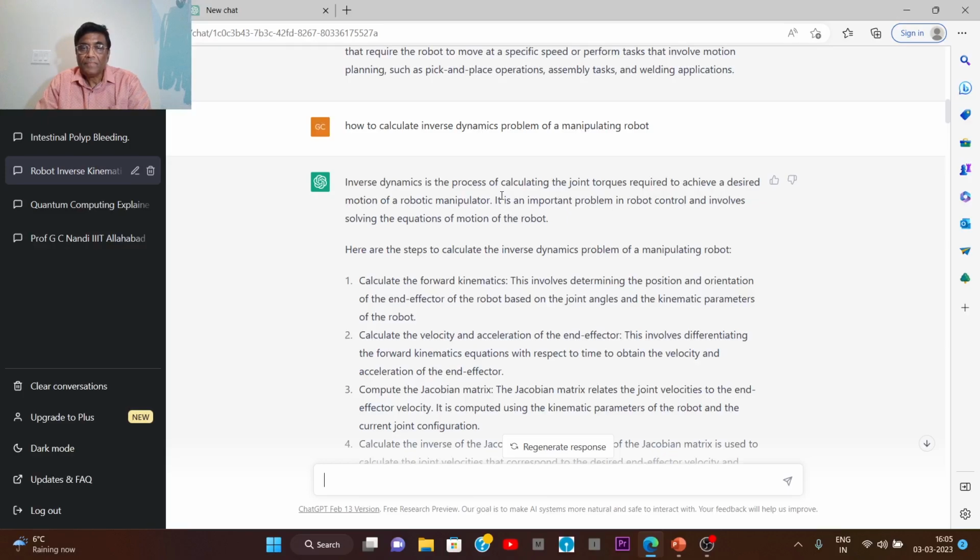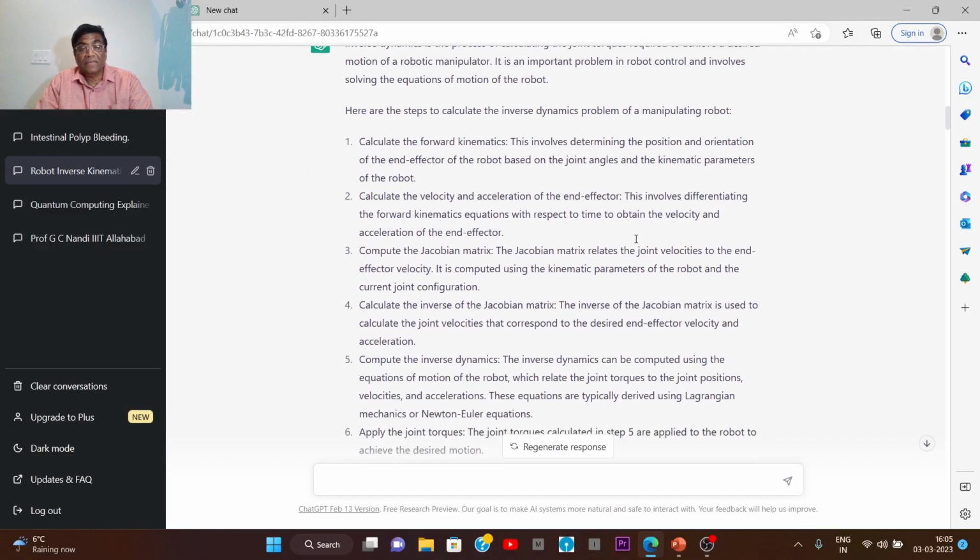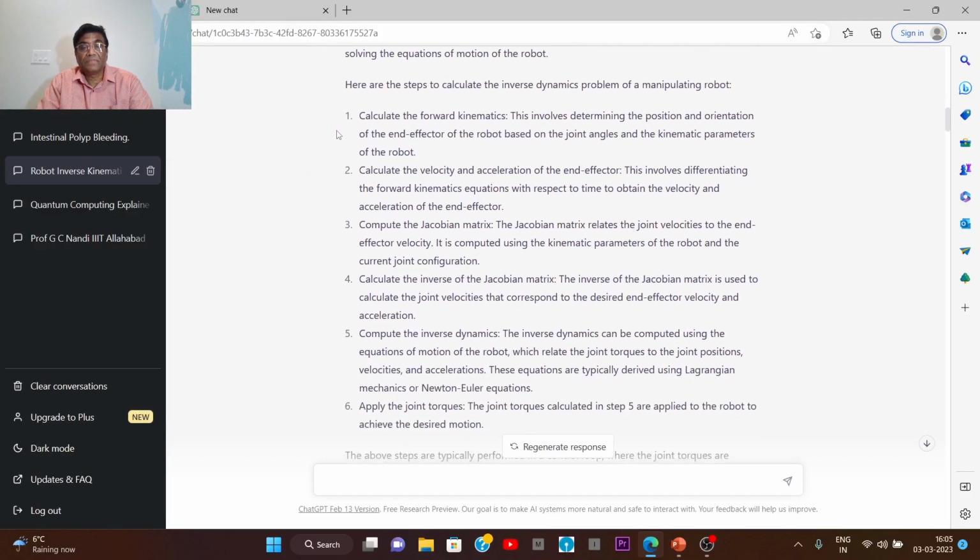Perfect. It is an important problem in robot control, an inverse problem, and involves solving the equation of motion of the robot. Then it gave the detailed steps, so you can read it. And this is perfect.